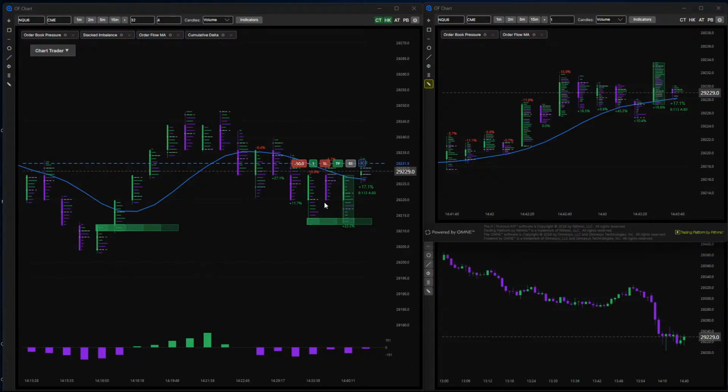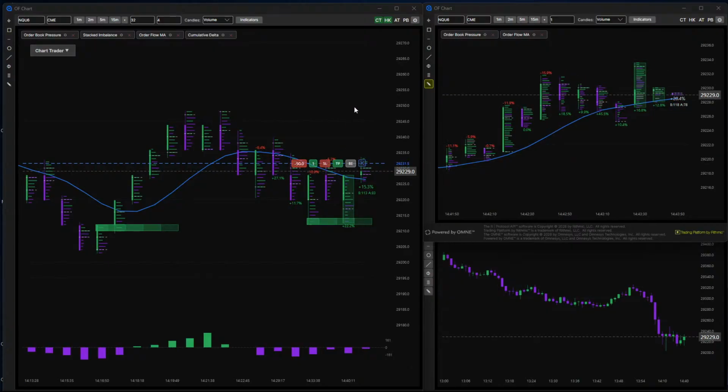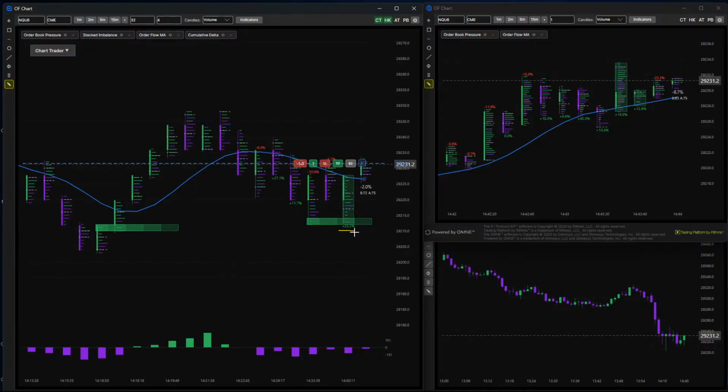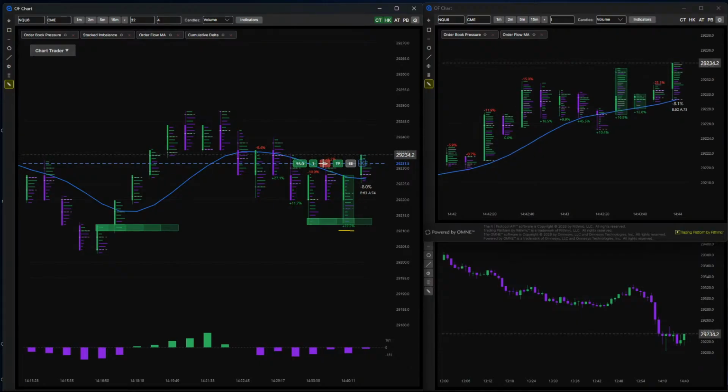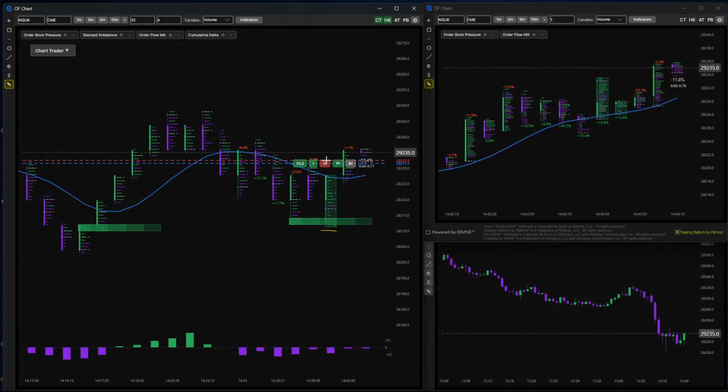So it's reading 12 levels, 12 bids and 12 asks. Well, right now it says there is 22% on this 32 range bar. There is 22% more buyers than sellers sitting on the books.